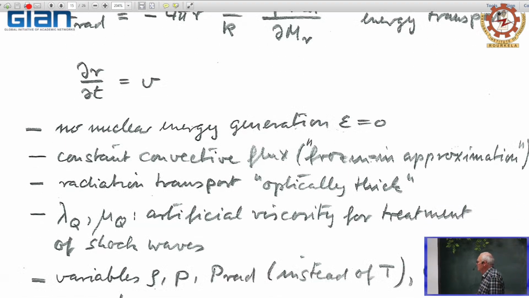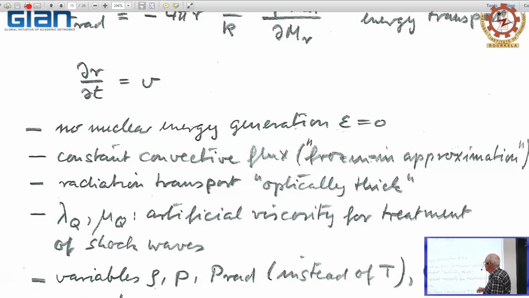To remind you what I've said: no nuclear energy generation, constant convective flux, frozen-in approximation, radiation transport, and only the optically thick part is considered. Lambda q and mu q denote the artificial viscosity necessary for the treatment of shock waves.